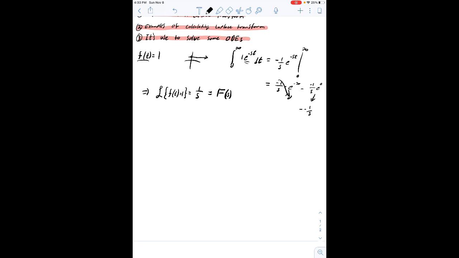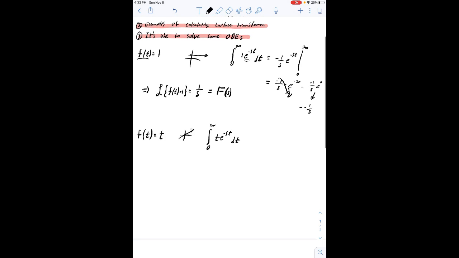Okay, so now for a second example, let's do f of t equals t. So we have the integral from 0 to infinity of t e to the negative st dt. How do we solve this problem?